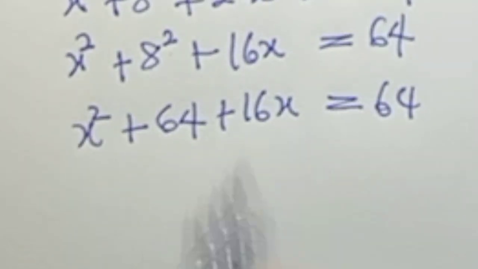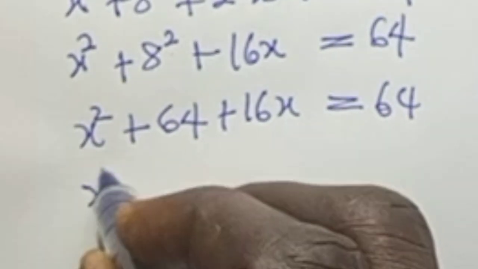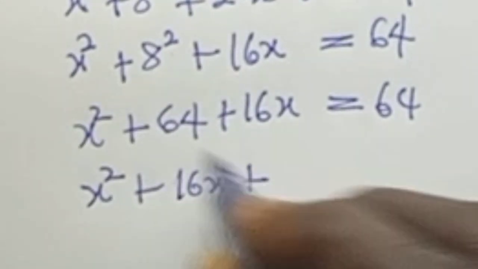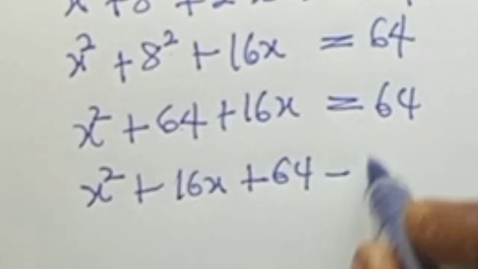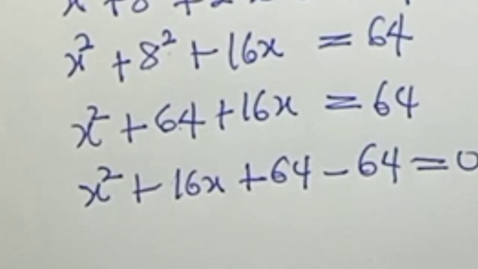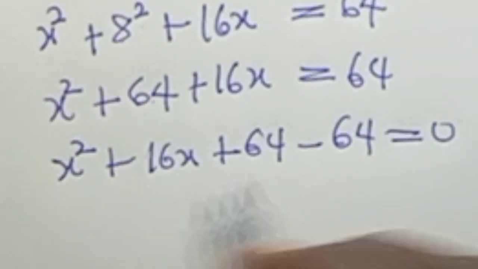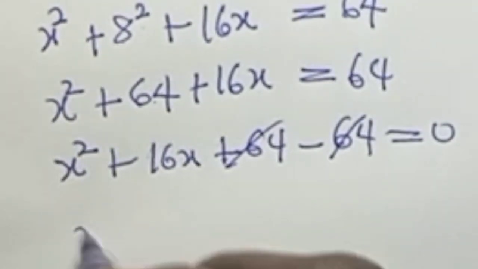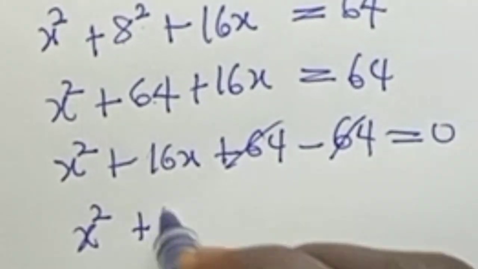We want to bring this 64 to the left hand side. It becomes x² + 16x + 64 − 64 all equal to 0, and we are fine. So we have +64 and −64 cancelled out. What is left is x² + 16x equal to 0.